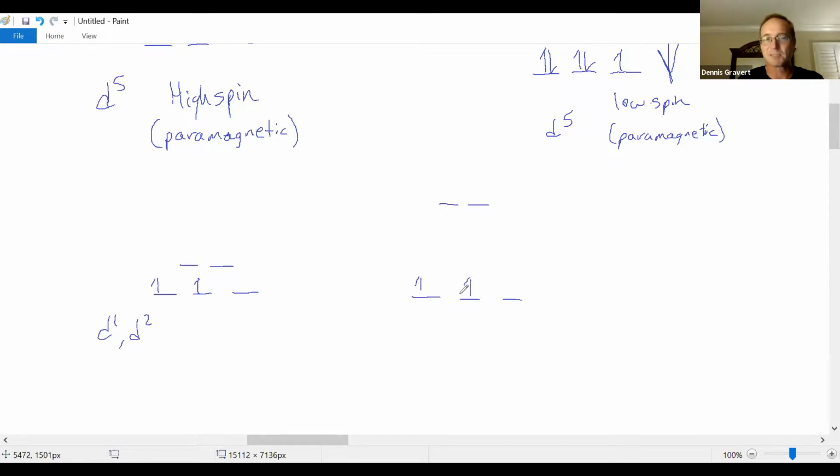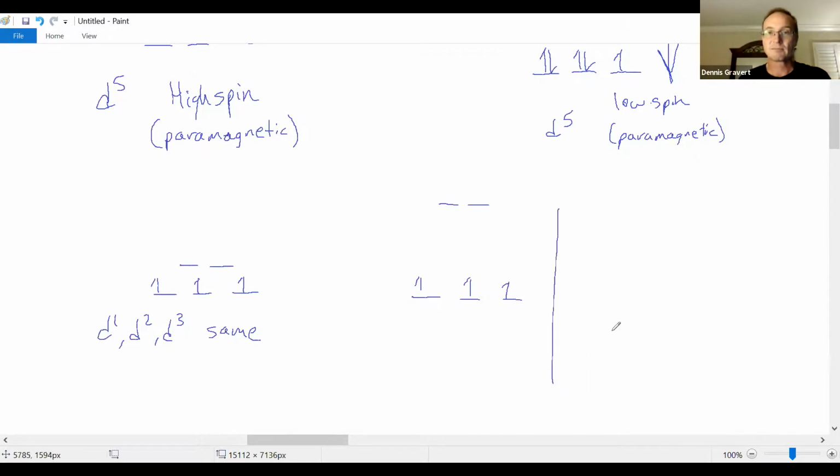This diagram is the same as that diagram. I know those are higher, but just look at the orbitals with electrons, it's a match. The lowest 2 have electrons, and so is the D3. There's no difference between the 2 with the strong field or the weak field ligands.